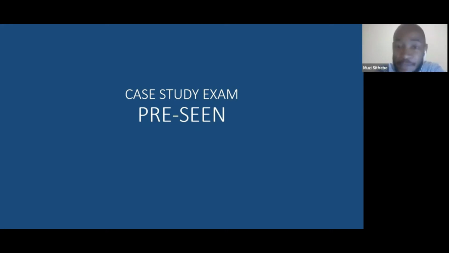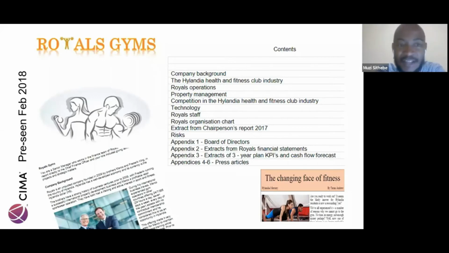So what we'll basically get 7 weeks before our exam is something similar to this, where you'll get the organization, they'll tell you all about the background, the industry it operates in, how they go about actually operating. This is their business model, where they add value. They'll tell you about the staff, the board structure, the risks. They'll basically immerse you into what this specific company basically does and what makes it tick.